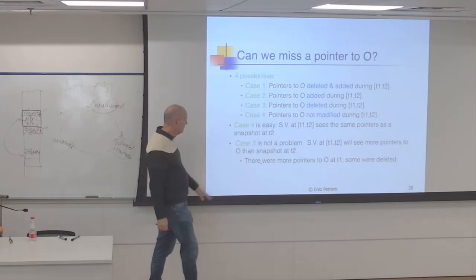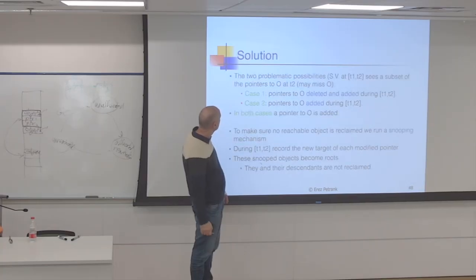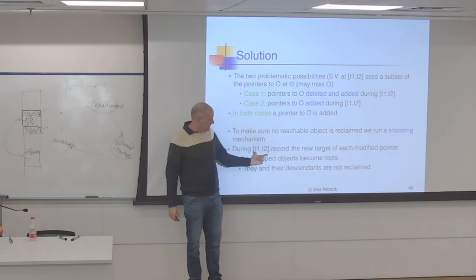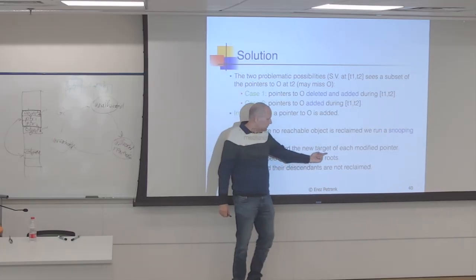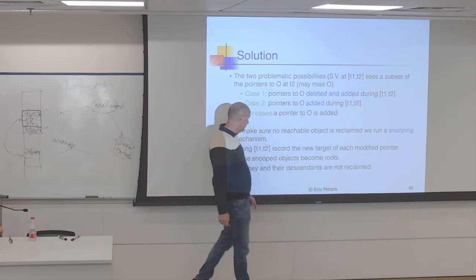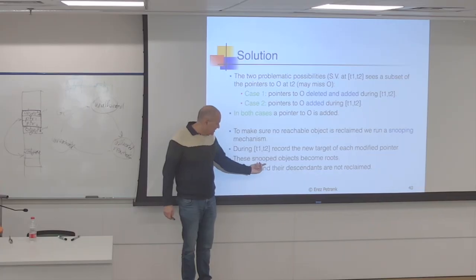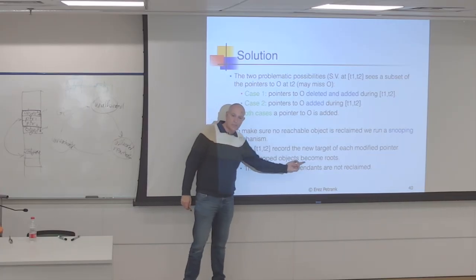Okay, so this goes through all this. Solution: during this interval, I will record the new target of each modified pointer. This is what you suggested, and I will call it snooping. So snooped objects are going to become roots.